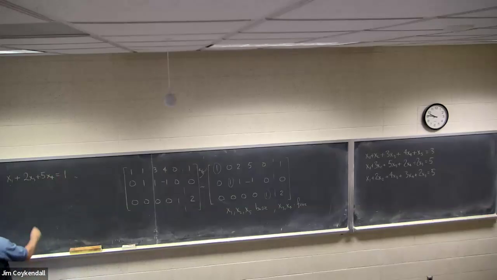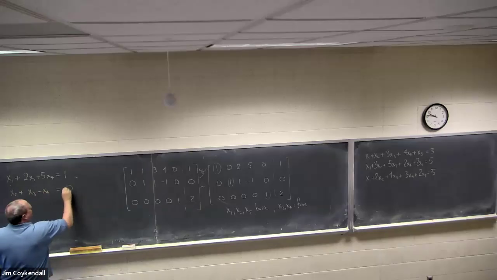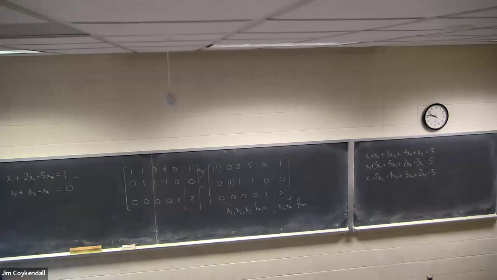The next one is, I'm sorry, it's x2 plus x3 minus x4 is equal to 0. And what's the last equation? So x5 is equal to 2. That's right.